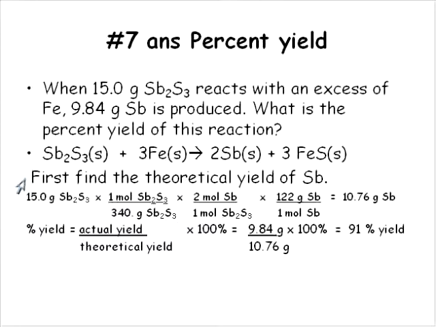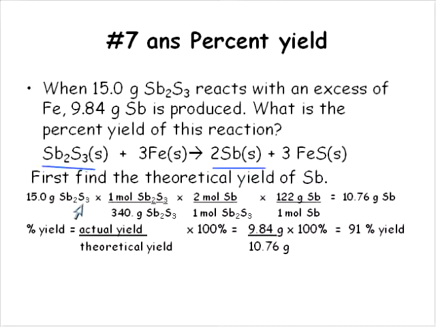First, find the theoretical yield of antimony. We are interested in antimony, which is this one here, and Sb2S3. We have 15 grams of Sb2S3.